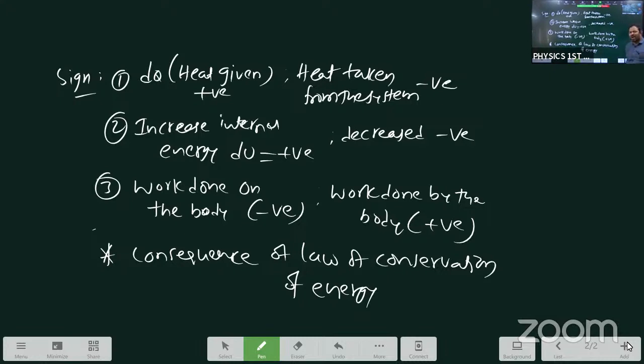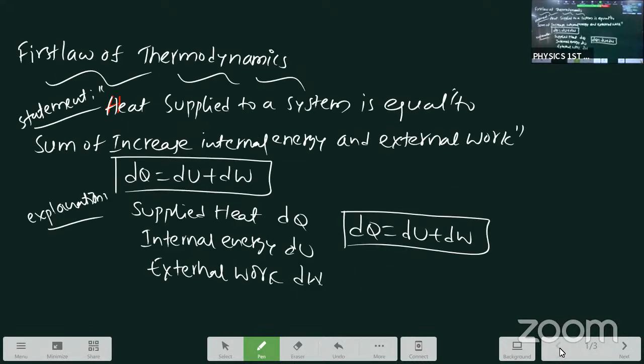Work done on the body negative, work done by the body positive. This is nothing but another form of the law of conservation of energy. So student, this 4 marks question has come in the supplementary examination: state and explain the first law of thermodynamics. Okay, this is the first question for this day.